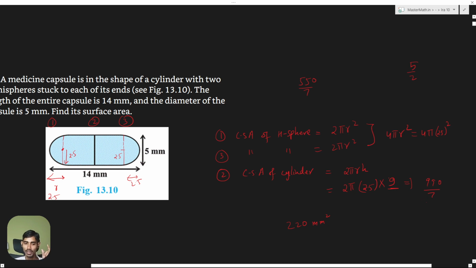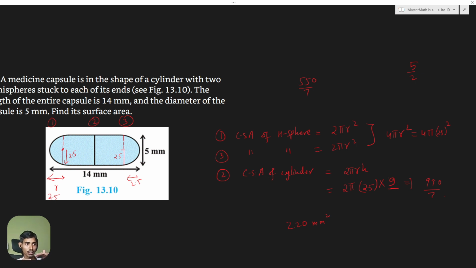So it is interesting that for this question, when you add 550 and 990, you get a value divisible by 7. It's not going to be always true. This is for this particular case, but the theme is the same.